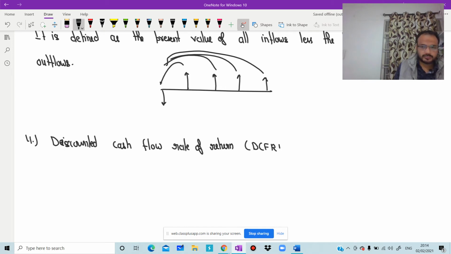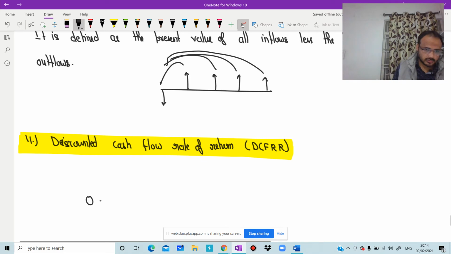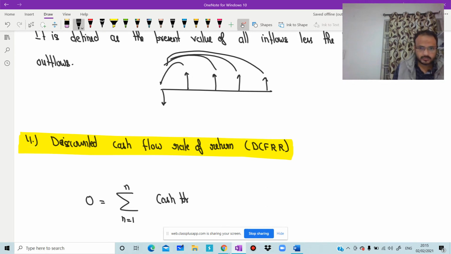Sum from 1 to n, cash flow for year n divided by 1 plus r to the power n.